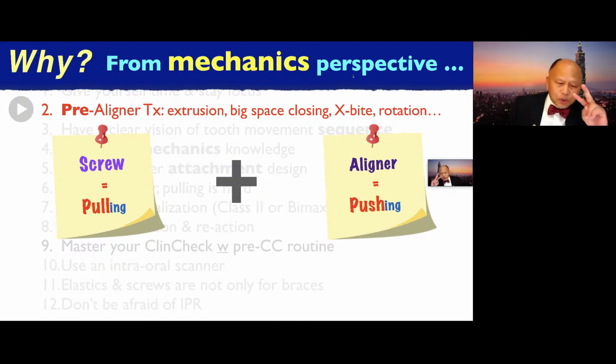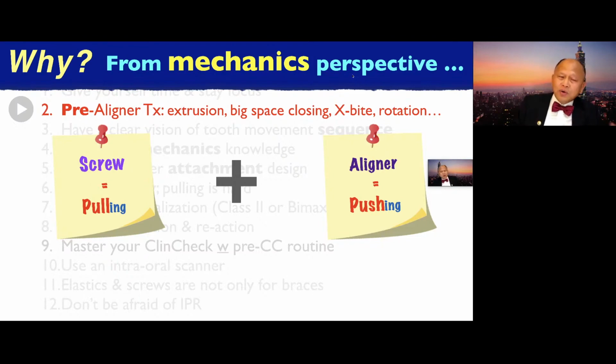There are 2 reasons why pre-aligner treatment is so important. Number 1 is from a mechanics perspective. Think about it. Aligners are good for pushing, but if you have impacted teeth and you have to pull them up, aligners simply cannot execute that pulling mechanic.